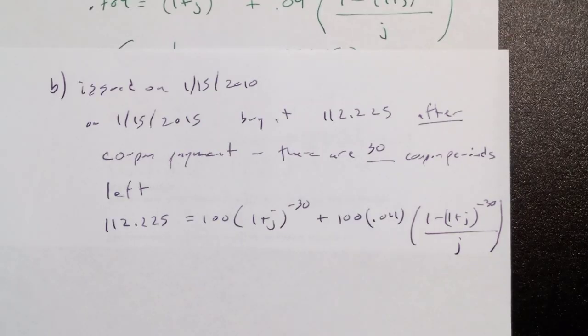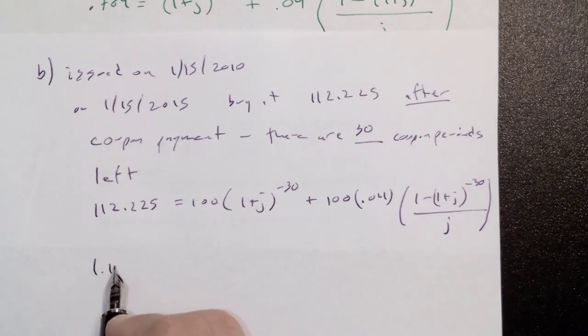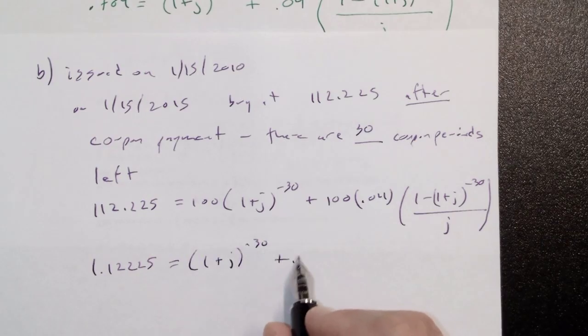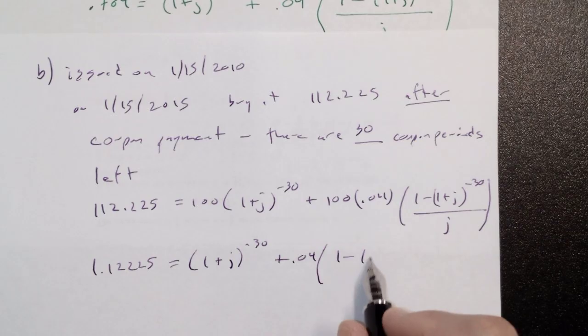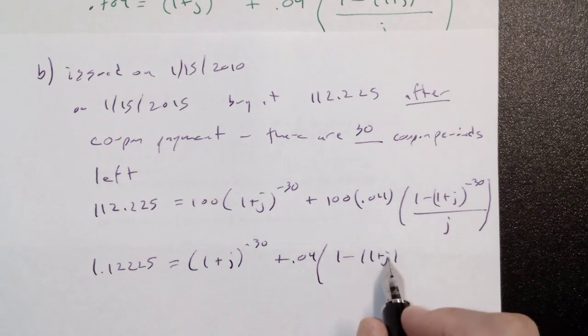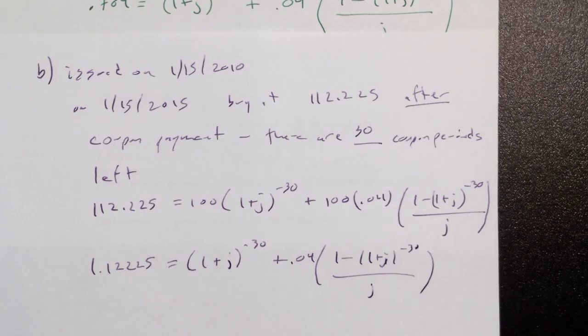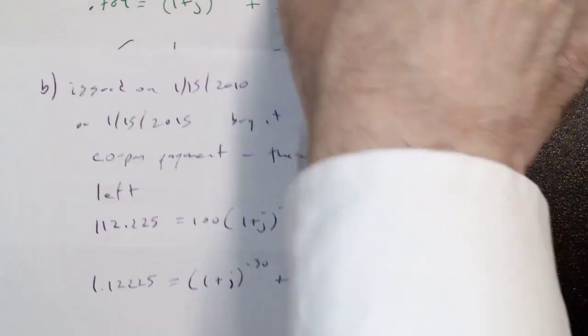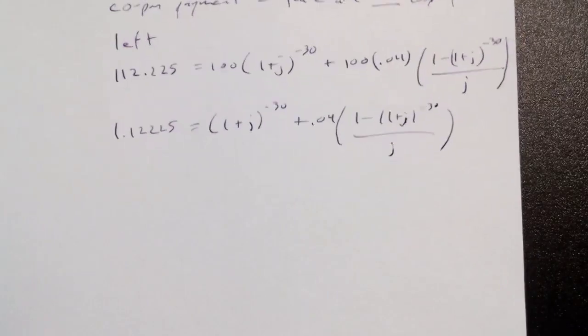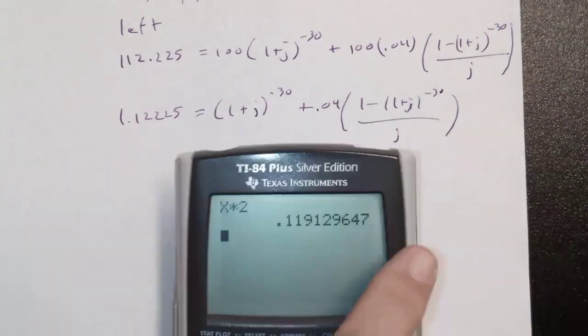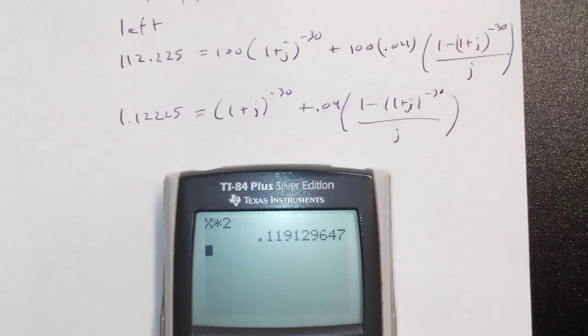I'm going to divide by 100: 1.12225 equals 1 plus j to the negative 30 plus 0.04, 1 minus 1 plus j to the negative 30 over j. And I'm going to solve this exactly the same way we did in the previous one. I'm going to solve it on here.